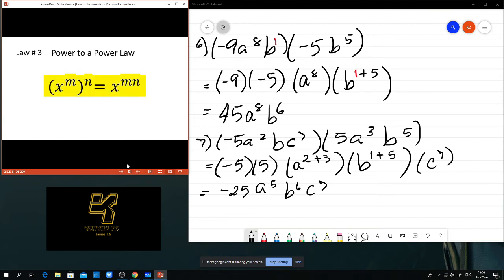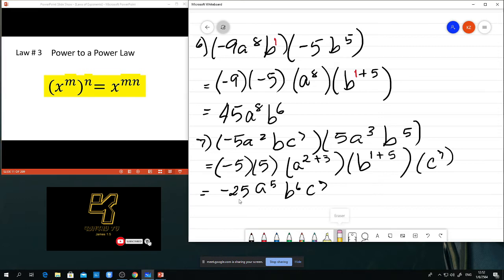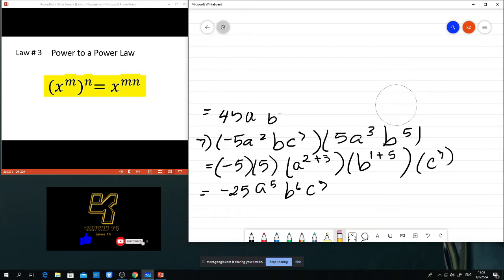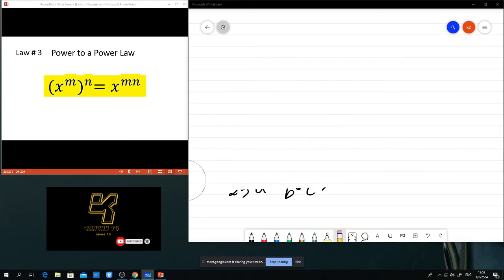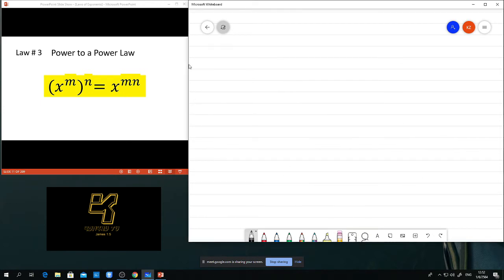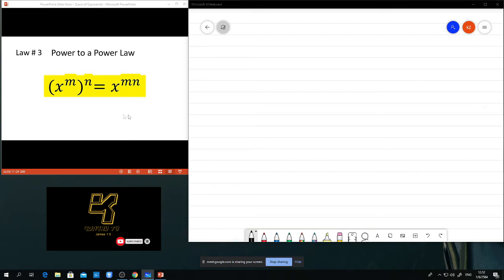Okay, so let's proceed to law number 3. Can I erase now 6 and 7? Silence means yes, so I can erase it. So law number 3, power to a power law.